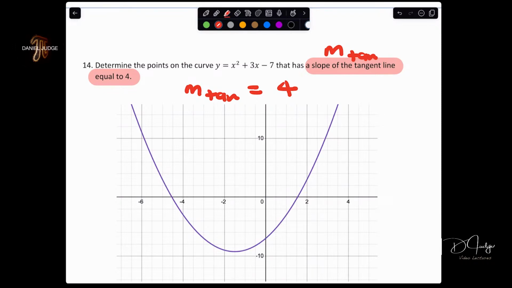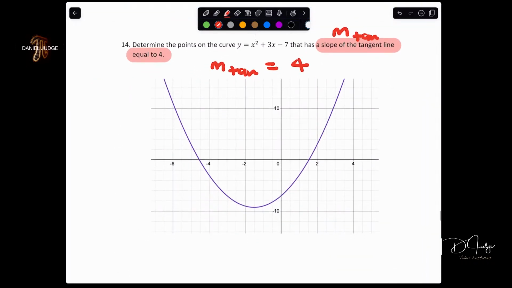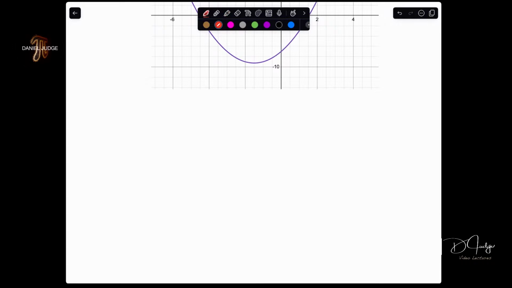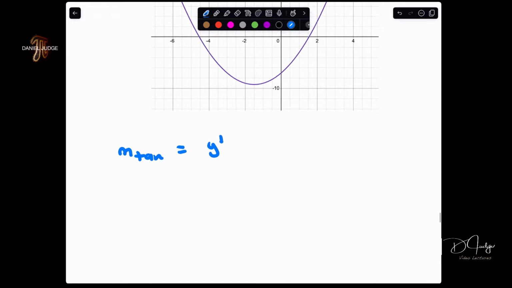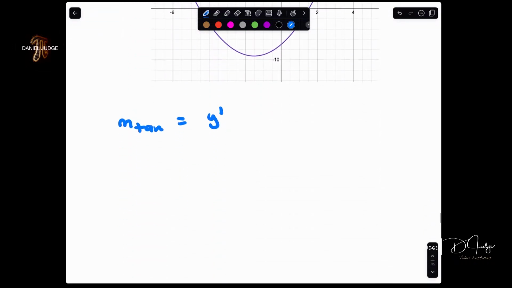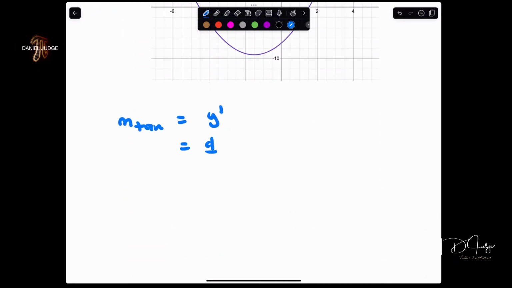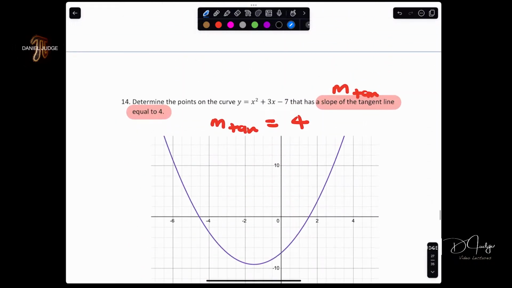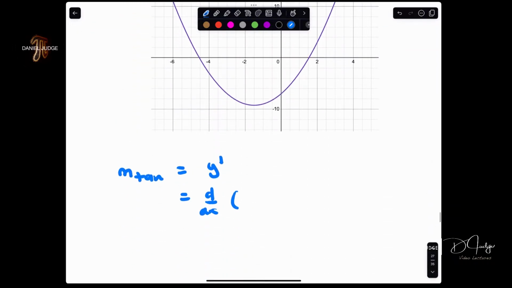Okay, and m tangent is the first derivative. So m tangent is y prime. That will give us a slope. So I need the derivative of the function, and the function is x squared plus 3x minus 7.